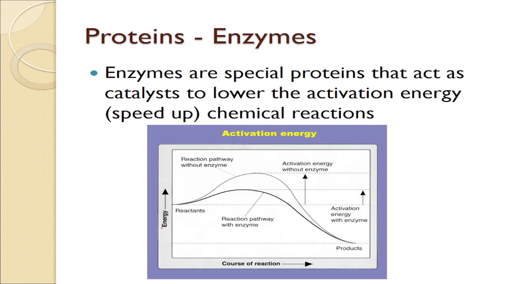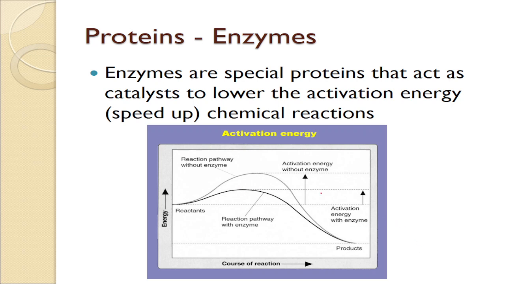So here, if there is an enzyme, it will lower the activation energy. Supposedly there is a high amount of activation energy in the absence of enzyme. But if enzymes are present, the energy needed is just small, and the reaction will push through.